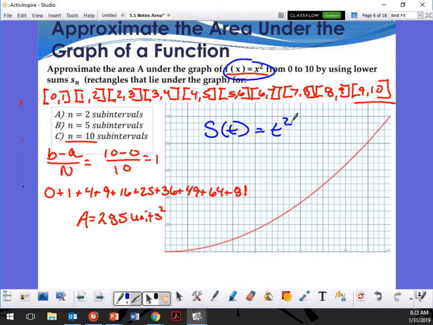My original function is the position, so it tells you where you are at that many seconds. If we throw a ball up in the air, whatever the function is, after t seconds it's going to tell me where that is. That's important.